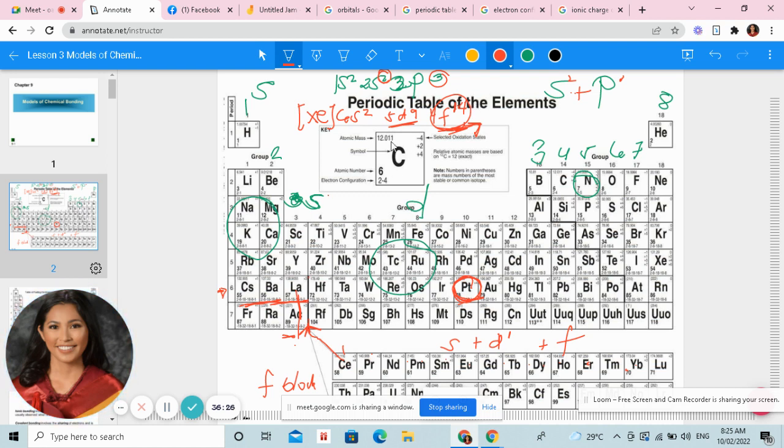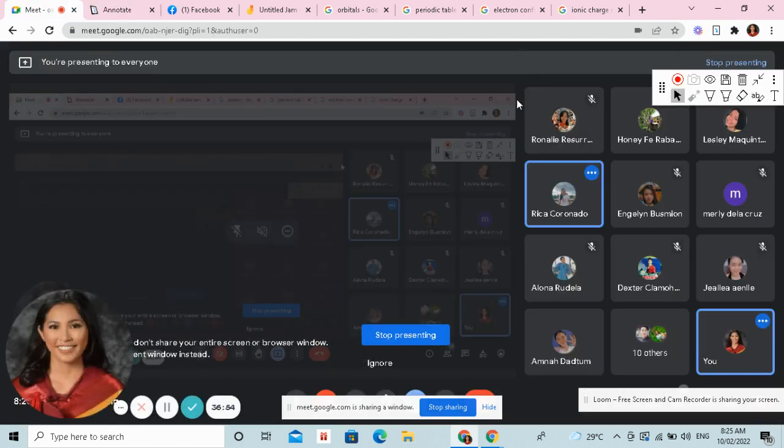They will gain electrons. However, F is already full, so it cannot participate in chemical bonding. So the valence electrons are only from S and from D. You cannot include F. Okay? So, let's proceed with the class.